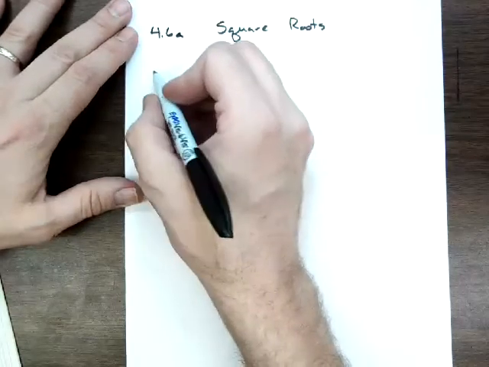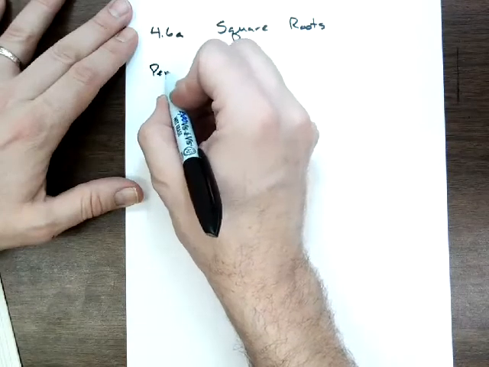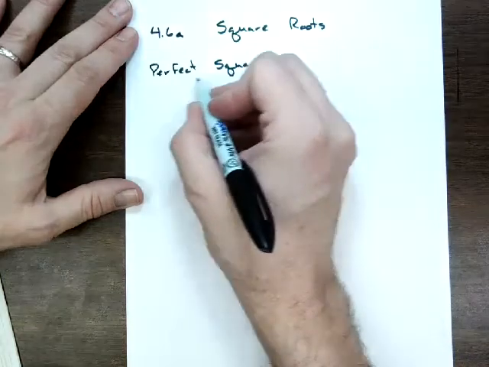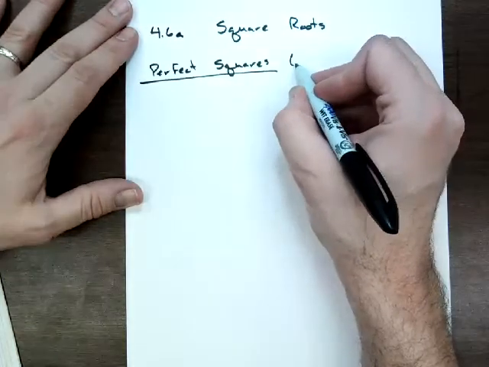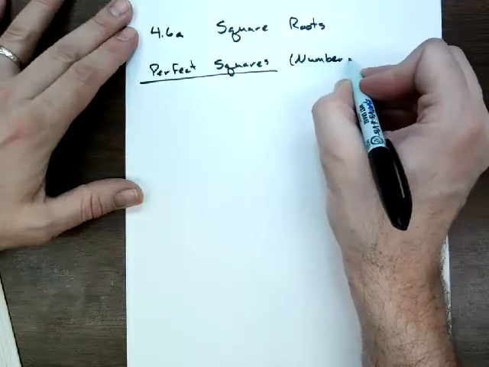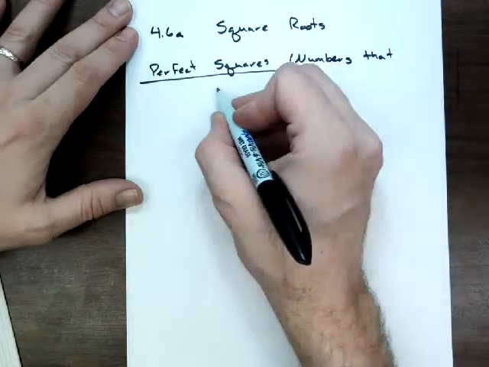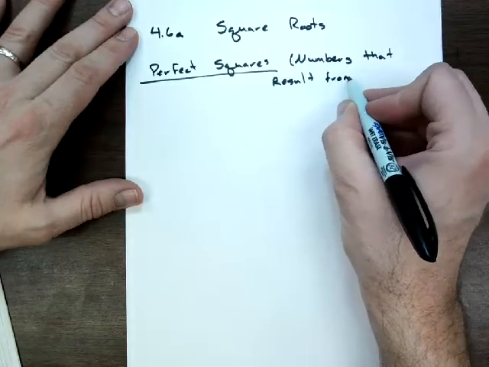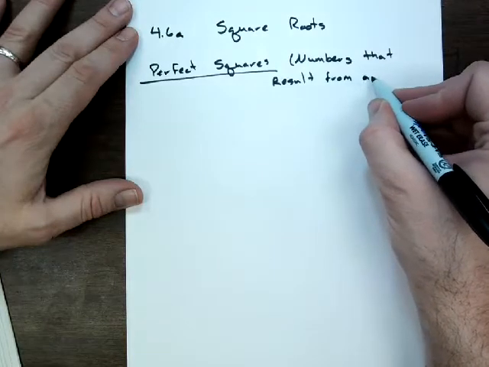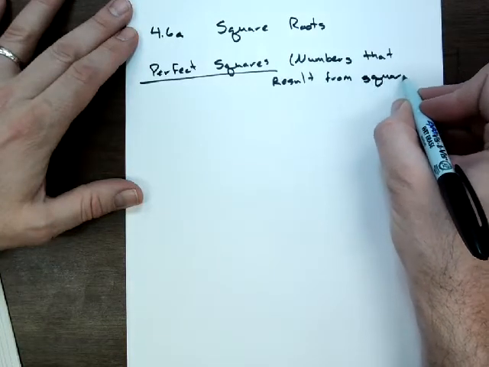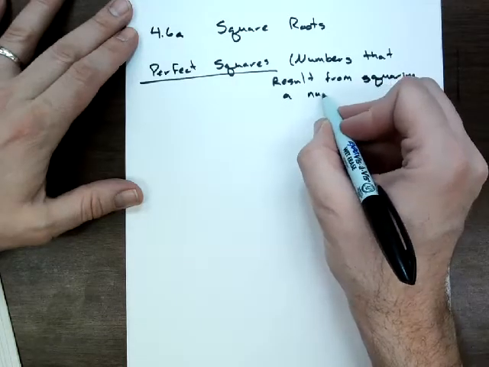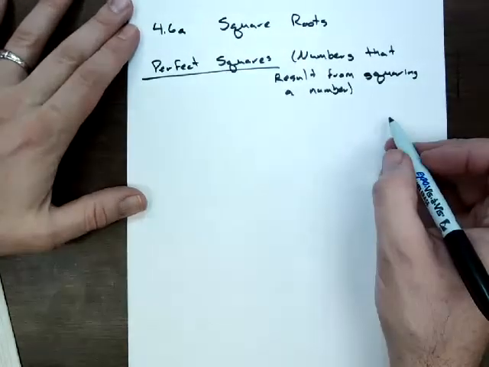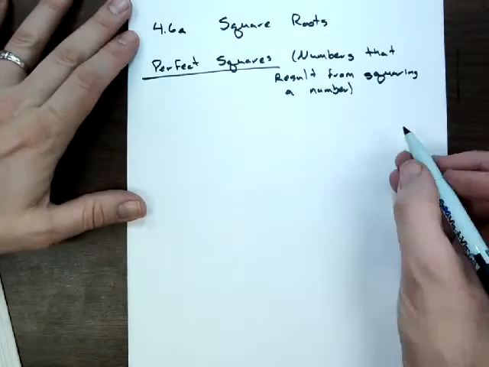So if we take a look at our perfect squares, which is to say numbers that result from squaring another number, we're going to find, hopefully, a familiar pattern.